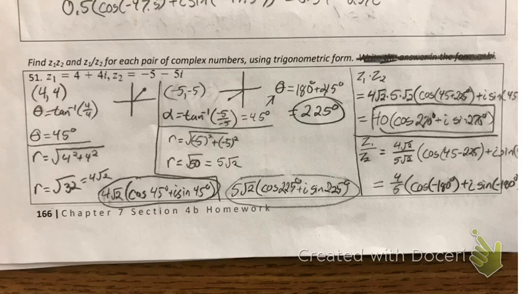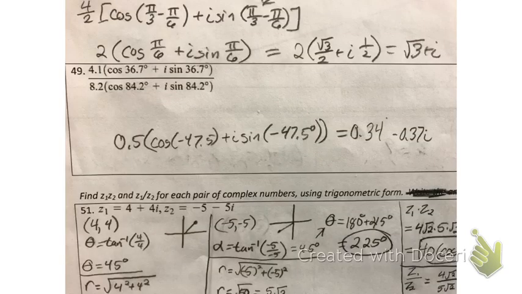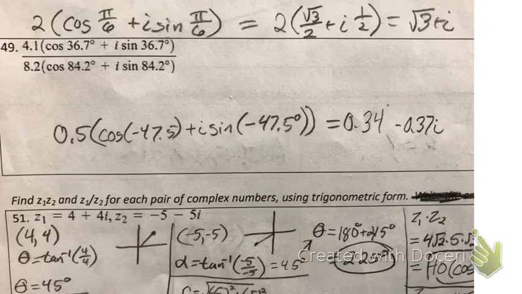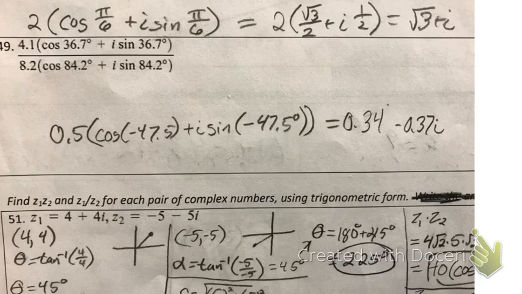The part I'm having trouble with is putting it in the a plus bi form. So let's talk about how to do that, maybe I made a mistake. I don't think so, but maybe. There are several ways to do this, but an easy way is to put 0.5 in your calculator and then multiply by cosine of negative 47.5.